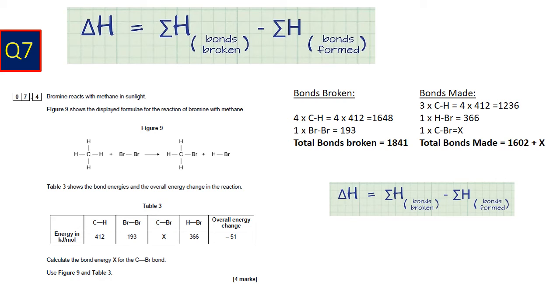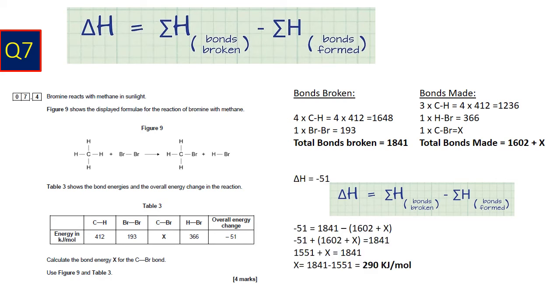If we plug in the information we know into the equation shown, we know that minus 51, that value's in the table, equals 1841 minus (1602 plus x). So I rearrange that equation to find x, and I get a value of x of 290 kilojoules per mole.